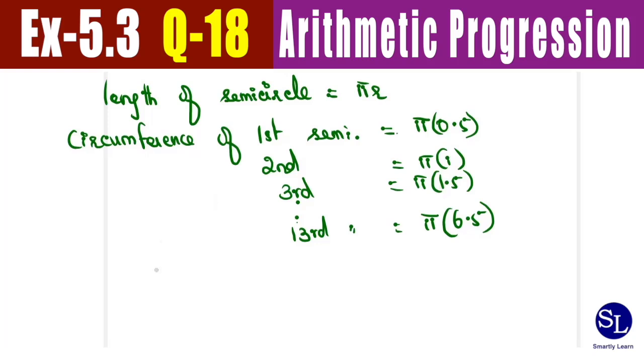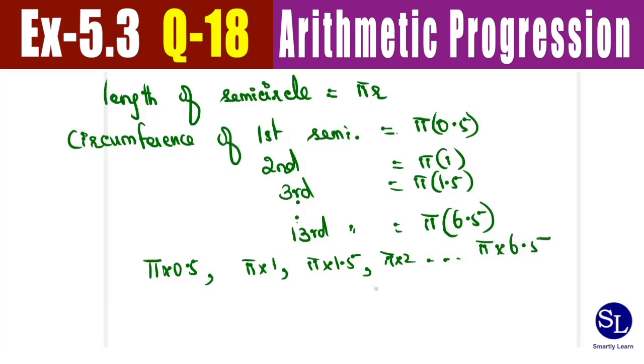Now the series is going to look like pi into 0.5, pi into 1, pi into 1.5, pi into 2, and so on up to pi into 6.5. I'm going to take pi as a common term outside so that it gets converted into an AP. So let's take the pi outside.